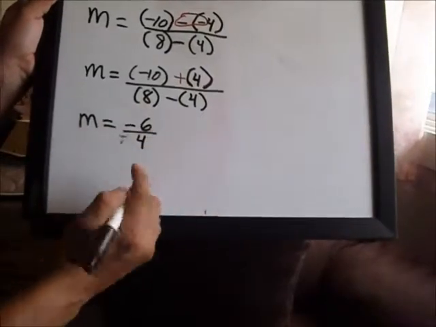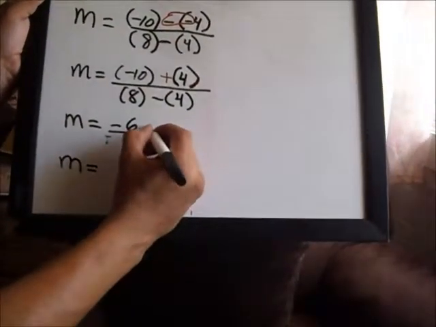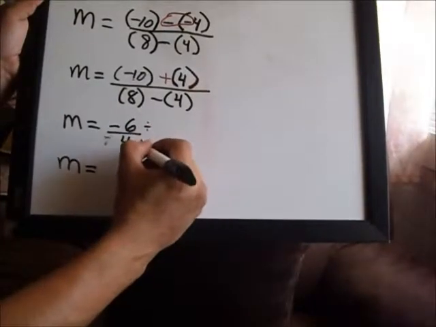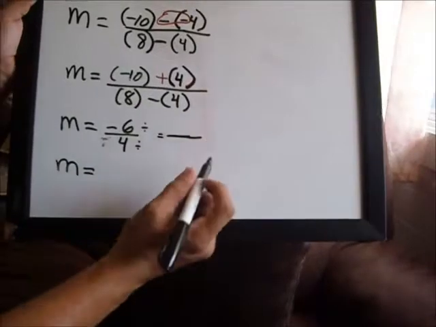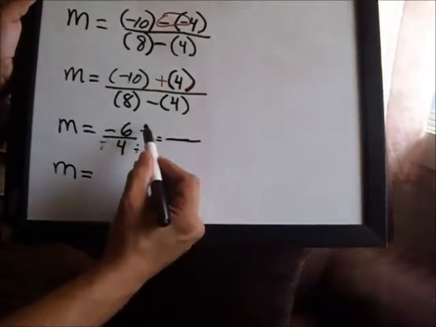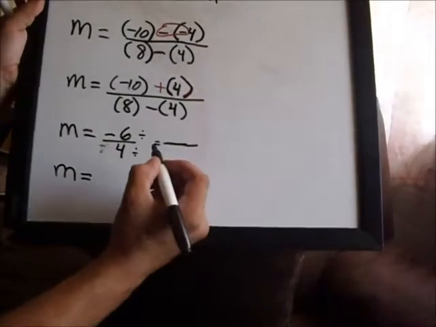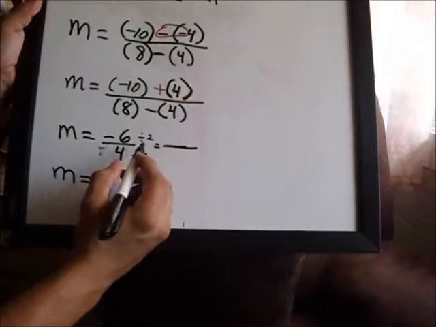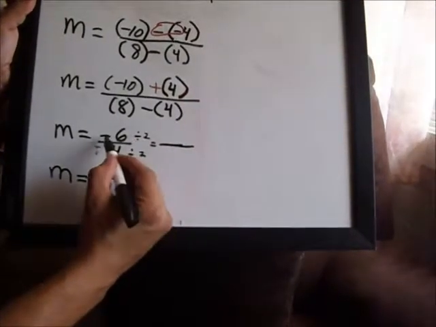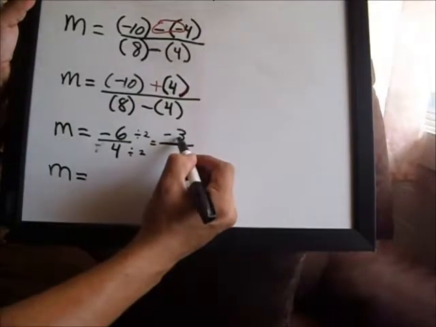And this fraction can be simplified, reduced, divided by something. You've got to think of your times tables. Which number from your times tables goes evenly into both of them? I believe it is the 2. Negative 6 divided by 2 is negative 3.